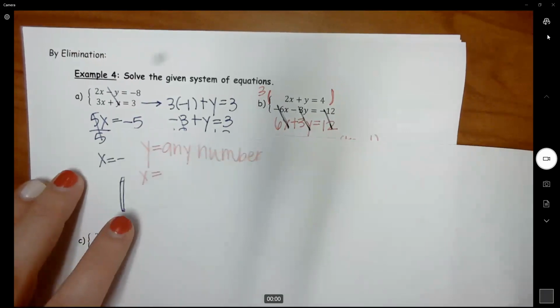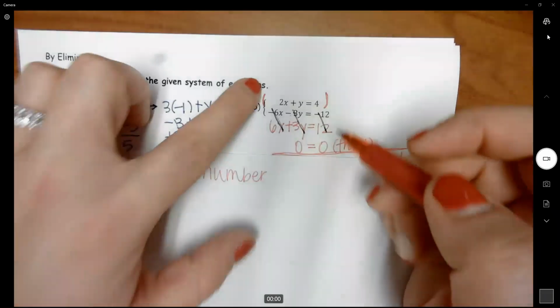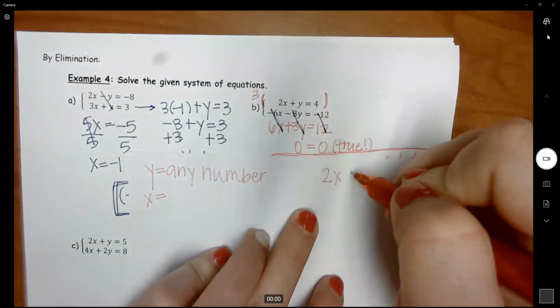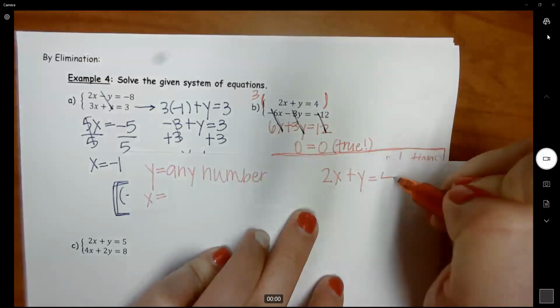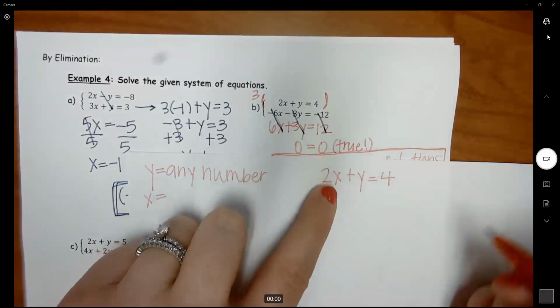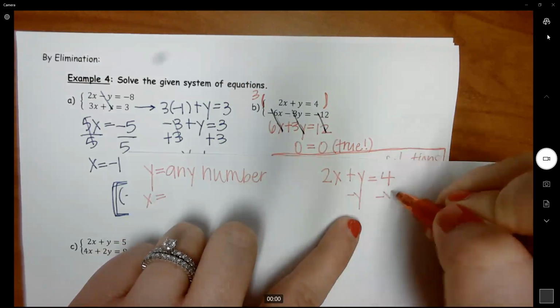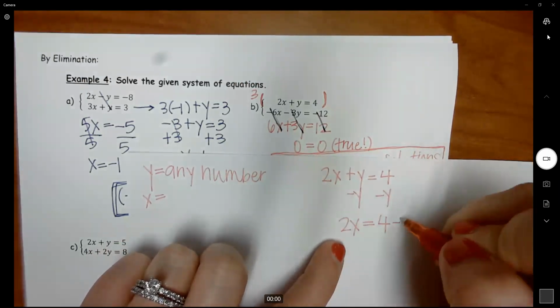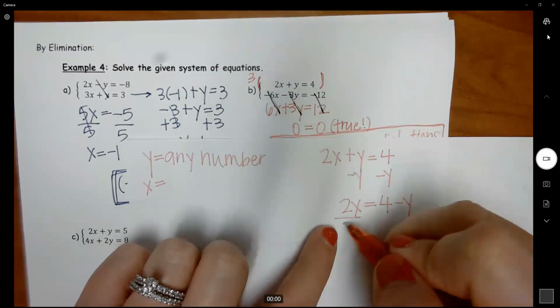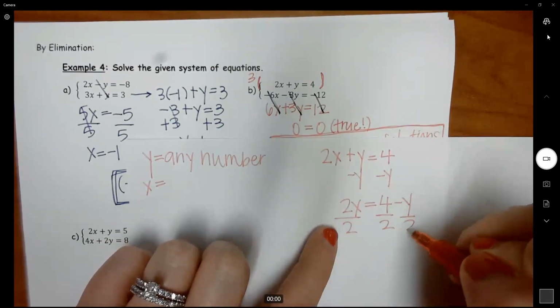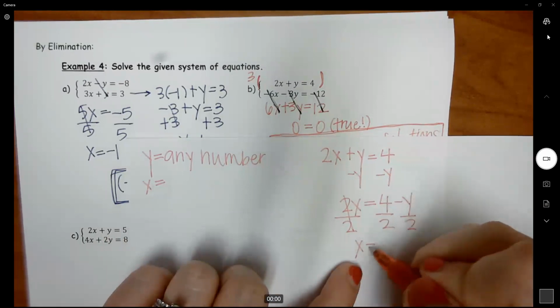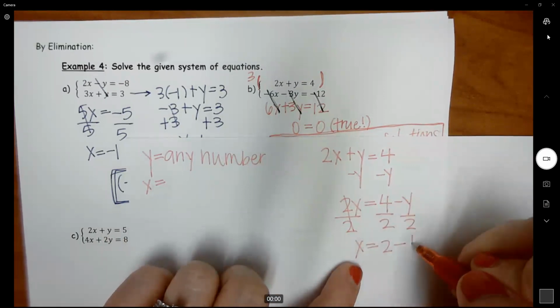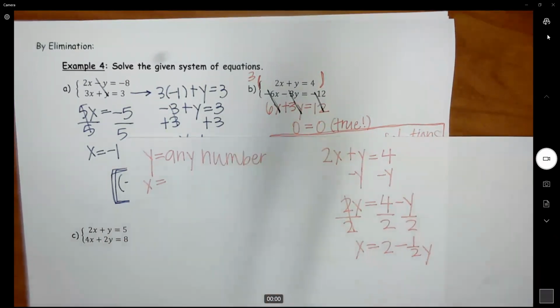Just pick one of these equations and solve for x. So if I pick the top one again, and now I'm solving for x, I'm going to subtract my y over. And now divide by 2. And so x equals 2 minus 1/2 y.